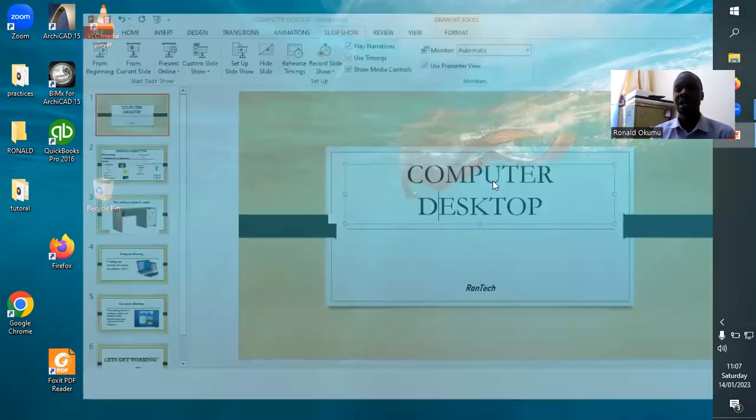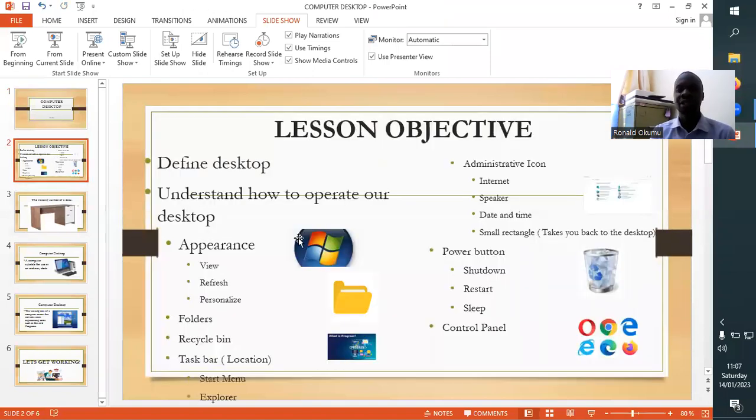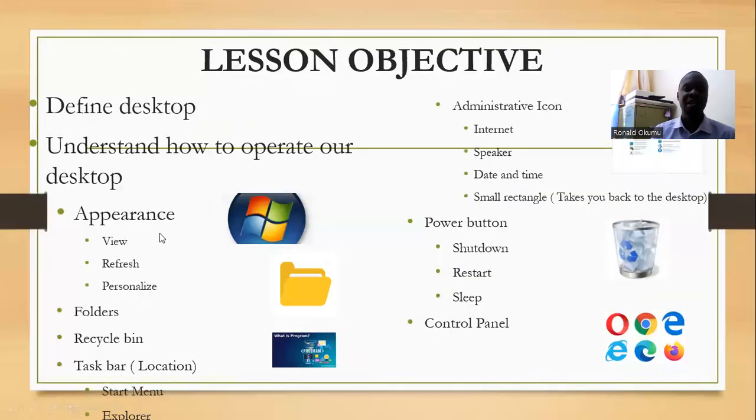Just to recap our session, we started by understanding what a desktop is. We defined what a desktop is, and we realized that a desktop can also mean a type of computer. Beside that, we learned to change the appearance, for example how to refresh, the view, and the size of icons on the screen.